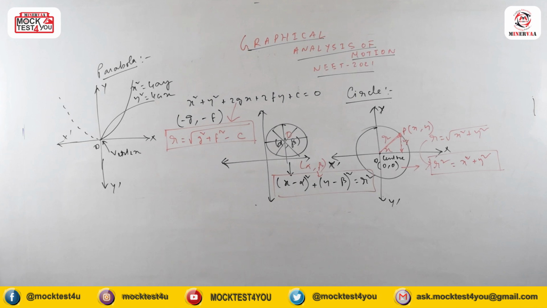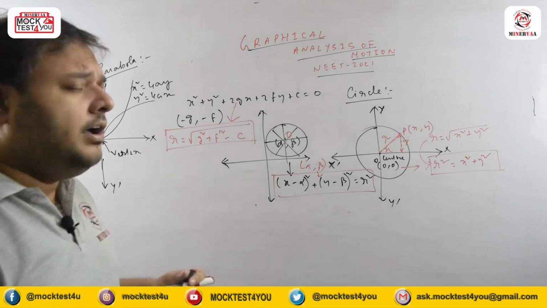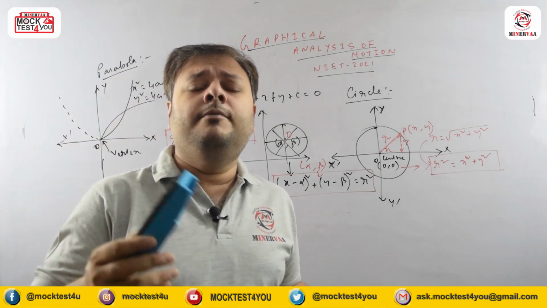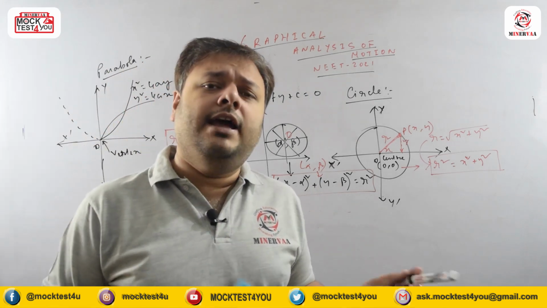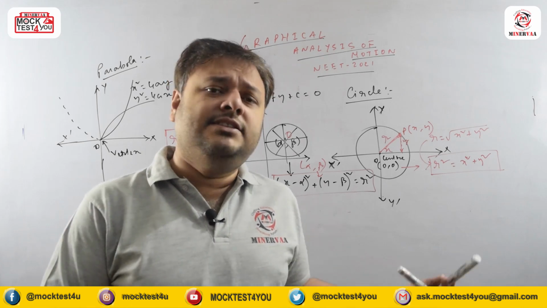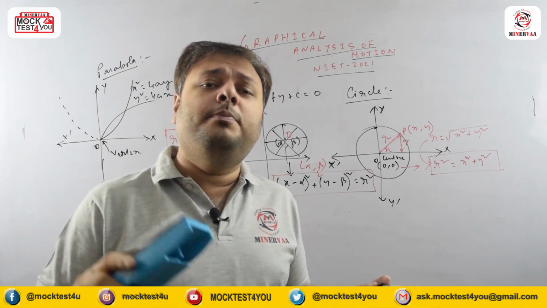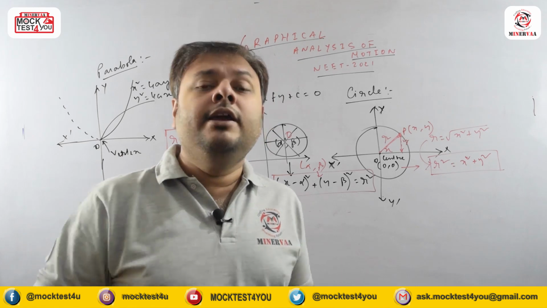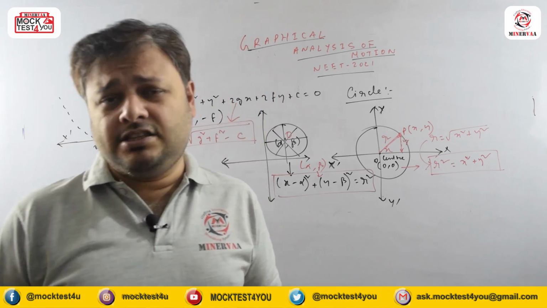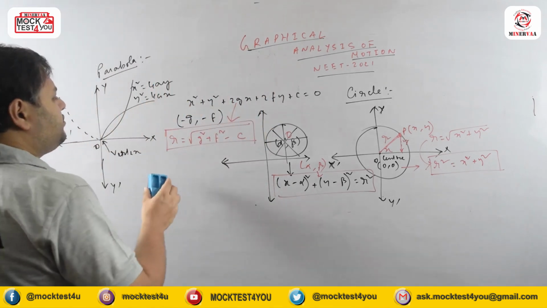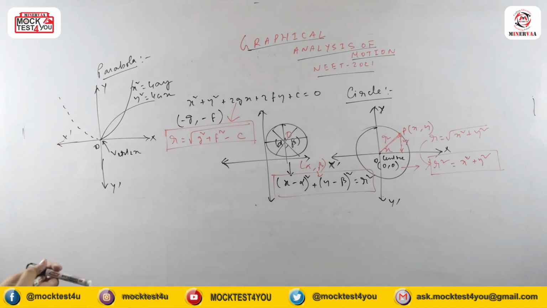We should remember one thing: in a parabolic equation, one variable must have one degree higher power than the other. Like if x square is there, there should not be y square, there should be y only. If y square is there, it should be x only. These are the things we must remember.